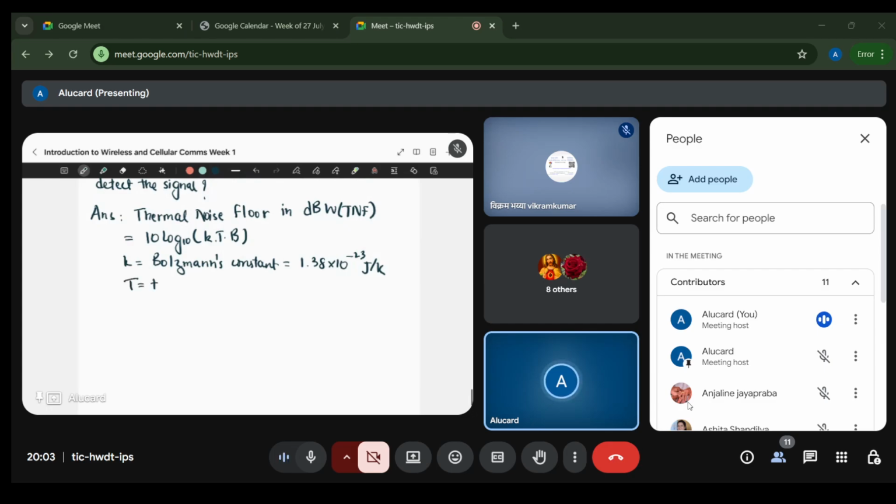T is the temperature in Kelvin, because we have taken K also in Kelvin.